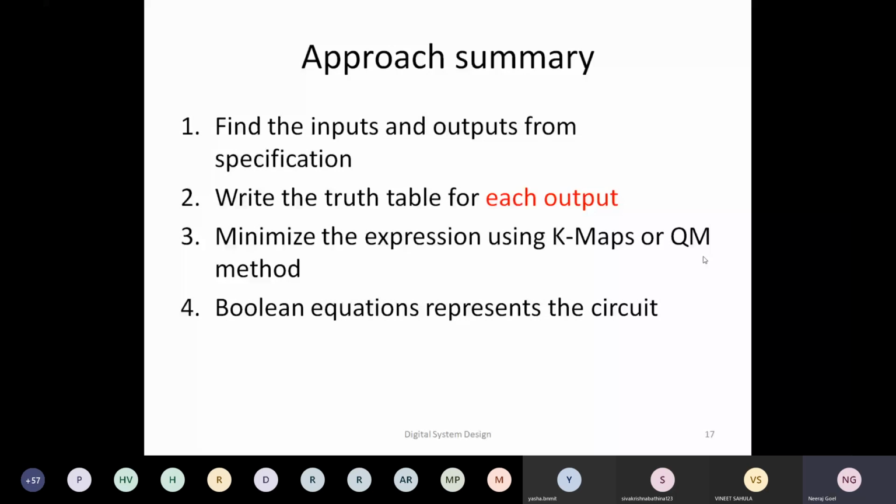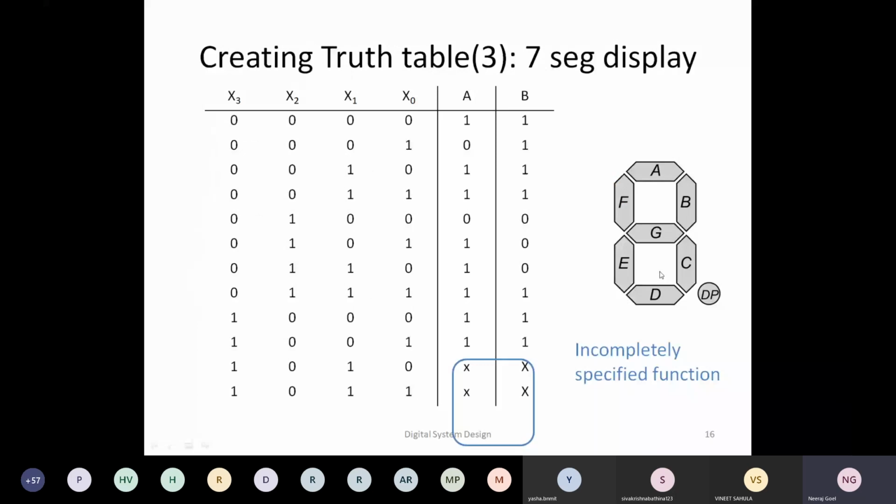Your Boolean equations would again be different for each output. That's very important, that there is no same function. For example, in this case, A, B, C, D, E, F, G, all these 7 will be different functions.